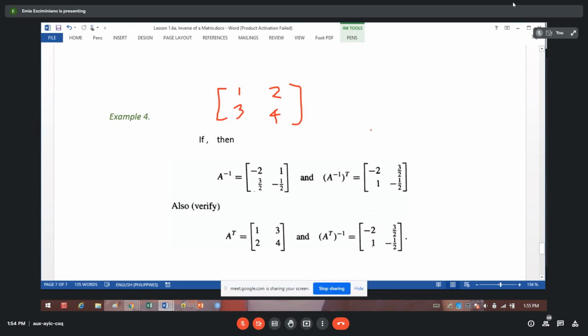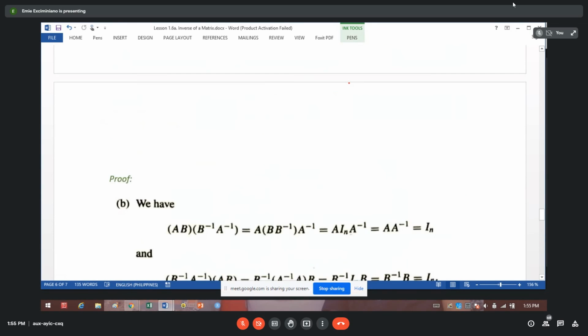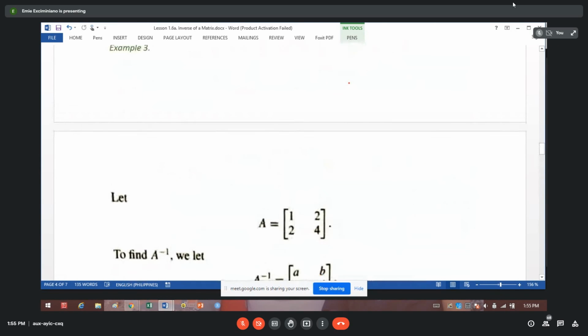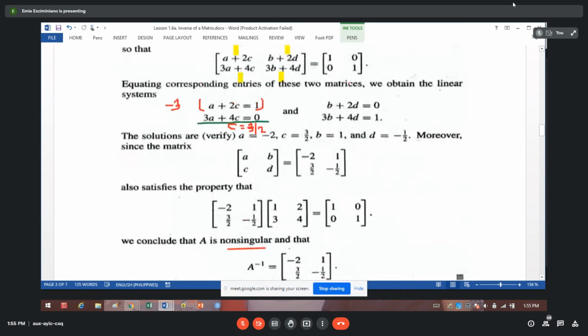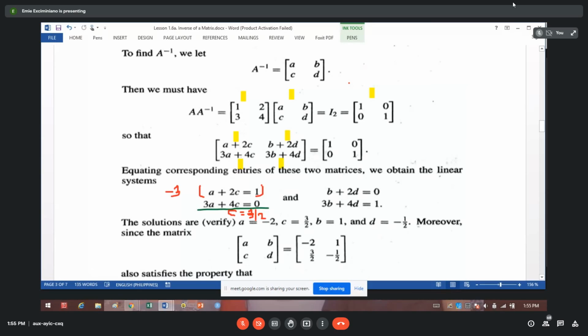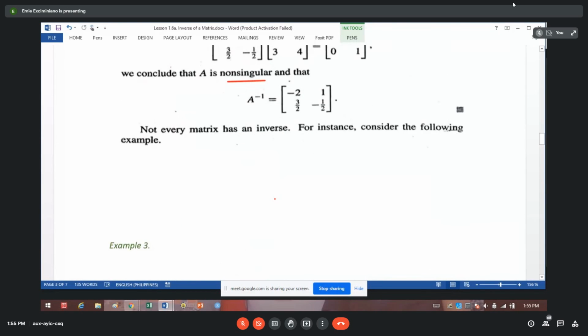Ang inverse niya, tama ba? 1, 3, 2, 4, negative 2, 3, 2. Okay, yes. Yun yung example natin.